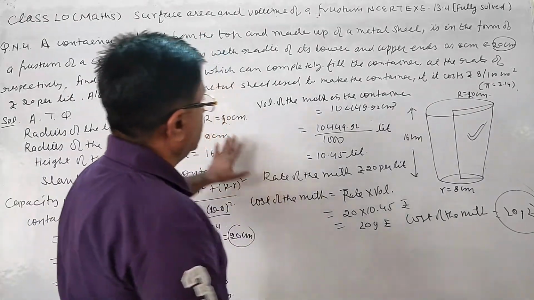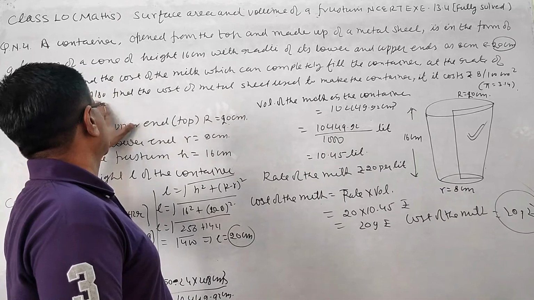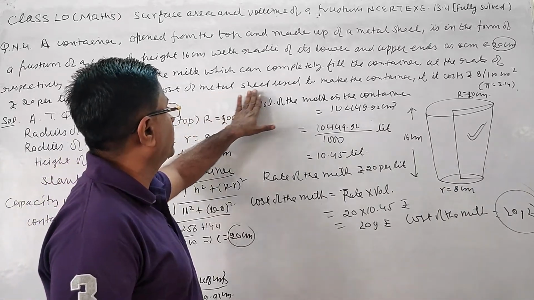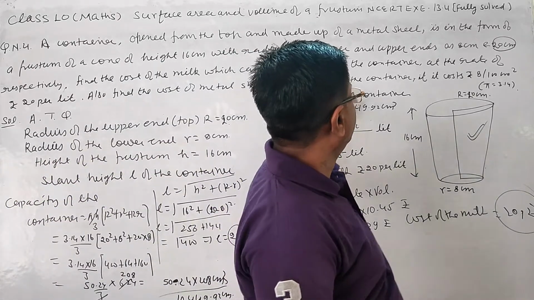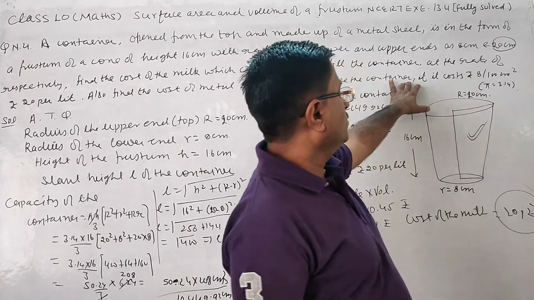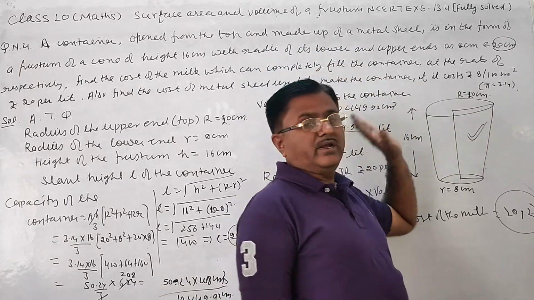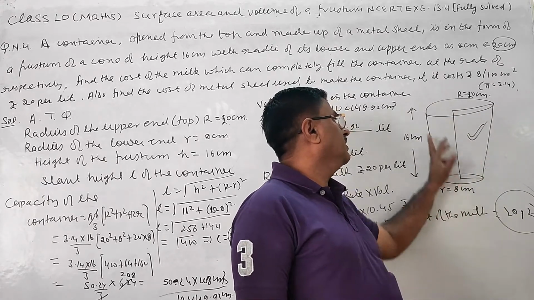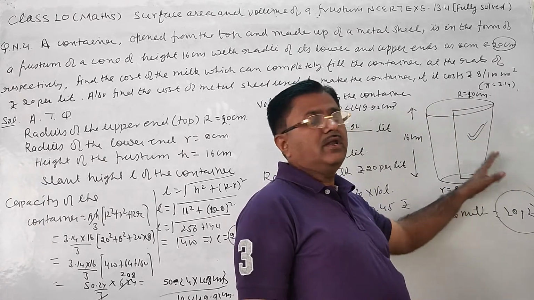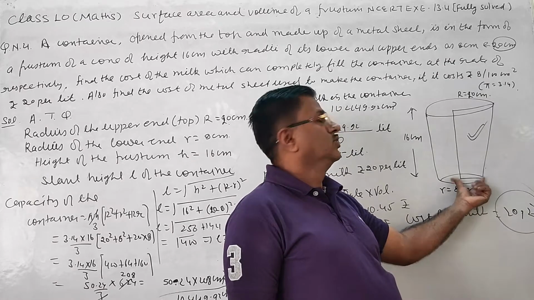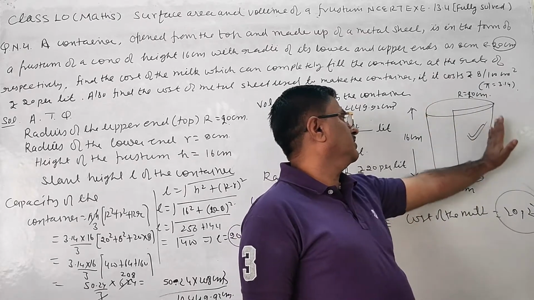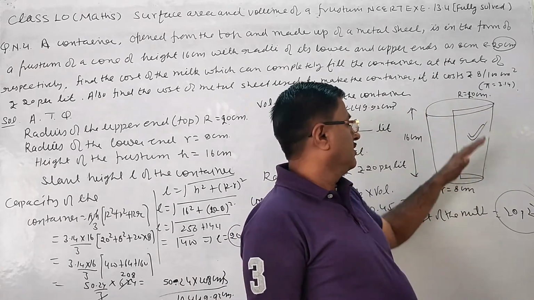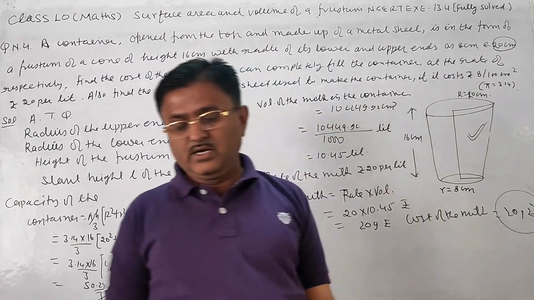Now, as the second step, we also have to find the cost of the metal sheet used to make the container. So where are we using the metal sheet? You know that the boundary or wall of this container is formed with metal, and the base too. So again we need the curved surface area of this frustum plus the base area. Correct?